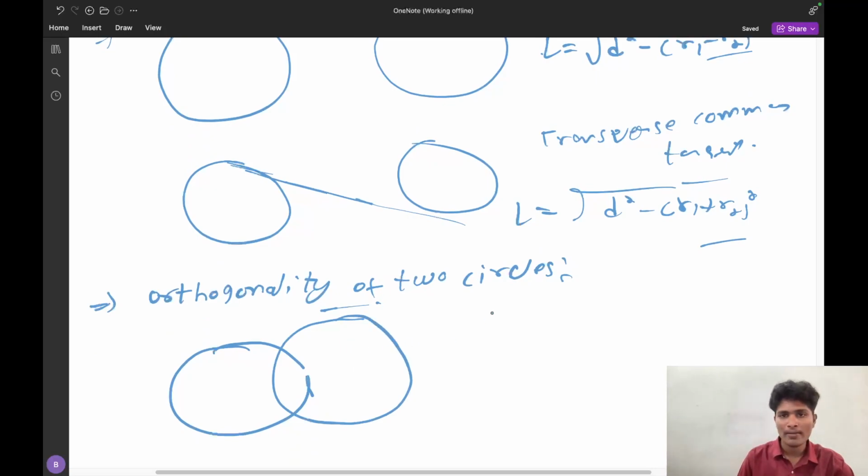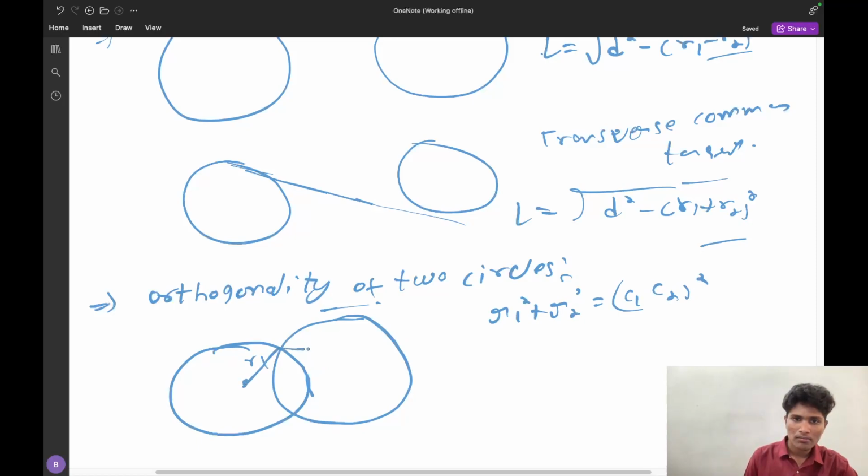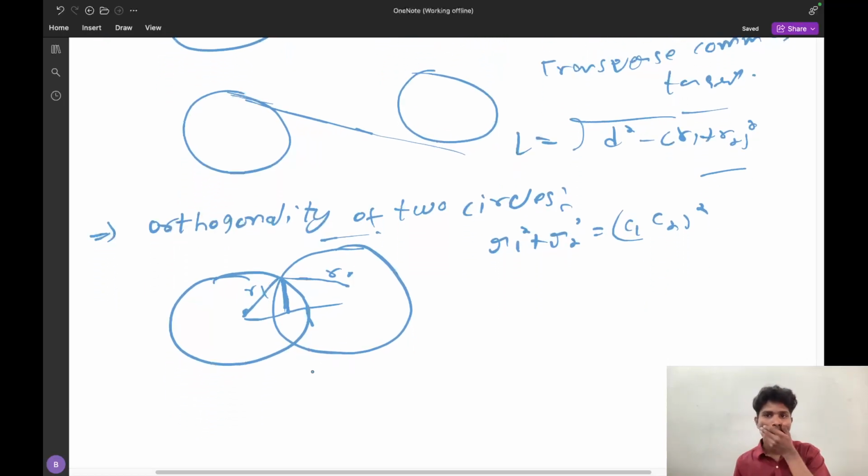We can say so when r1 square plus r2 square is equal to (c1c2) whole square. When this is satisfied, because if you observe, this is r1, this is r2, this is the center distance. Like this you have to visualize.